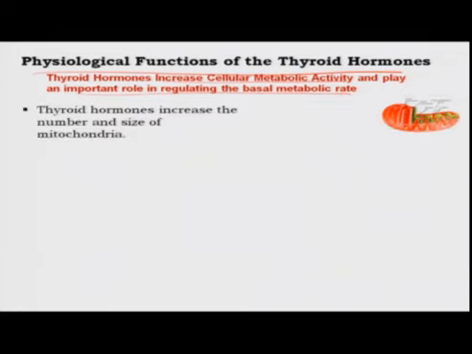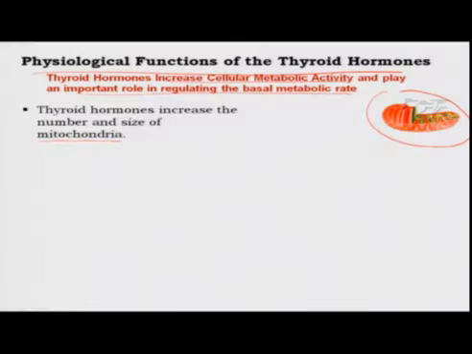So, at the cellular level it has certain effects. Thyroid hormone increases the number and size of mitochondria. I am sure you have heard of what a mitochondria is, because you are familiar with the organelles that are present inside a cell. A eukaryotic cell, which is a cell that is present in the human body, has a lot of subcellular structures.